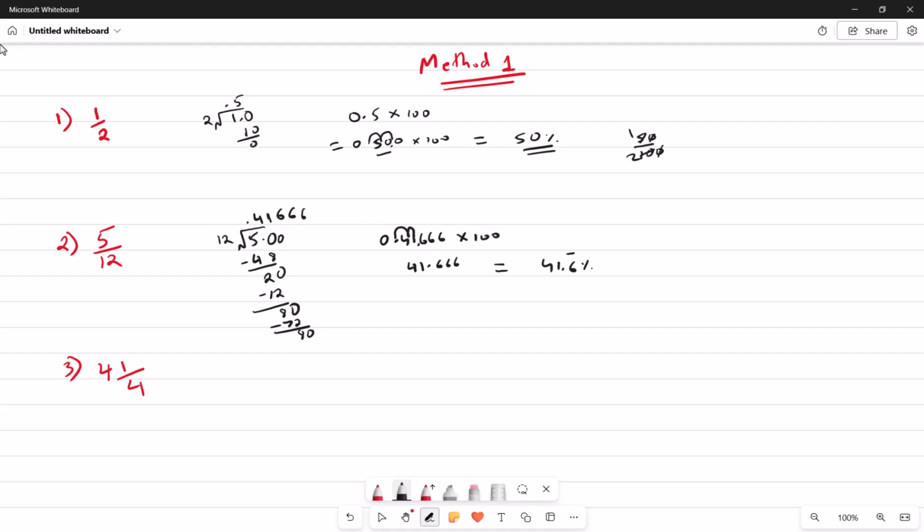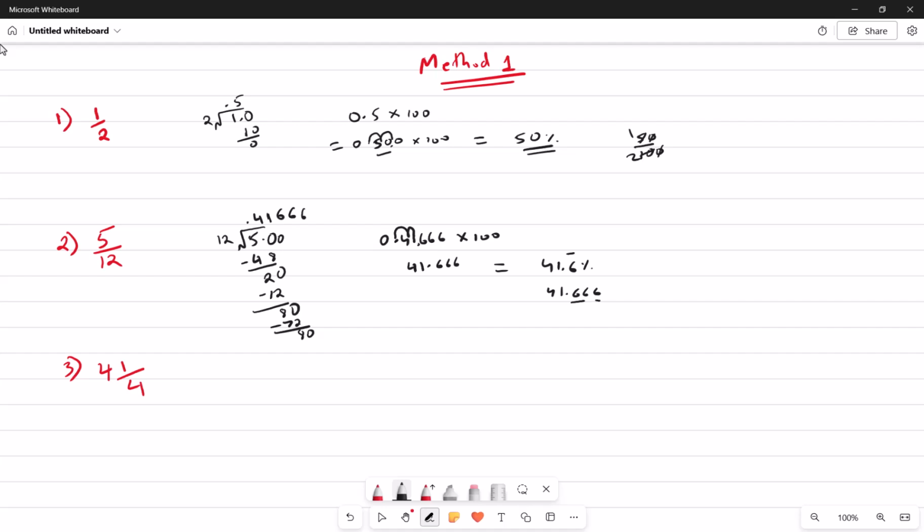Or we can convert it to 2 decimal places or 1 decimal place, depending on what you need. If we convert it to 2 decimal places, we look at the number after two decimals, in the third spot here, which is 6.